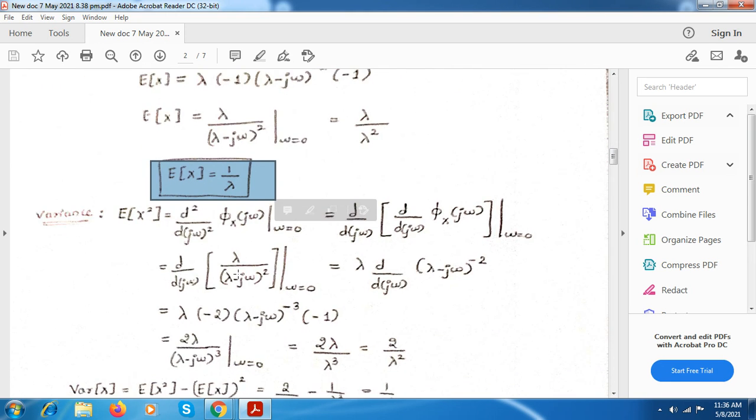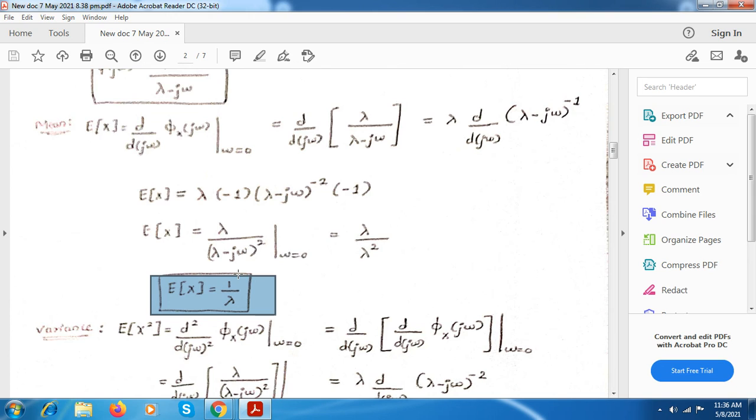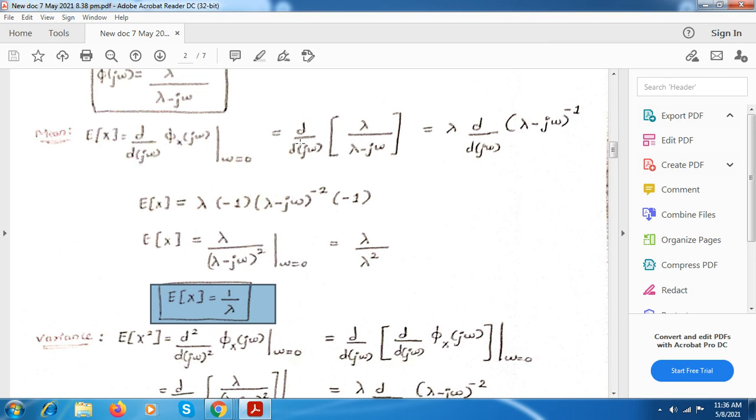So next is the variance. Hope you have solved this, otherwise just take down this solution. Here this you have already derived, so you know this. You have to just substitute in phi x of j omega, then take the constant lambda outside and differentiate only this term.